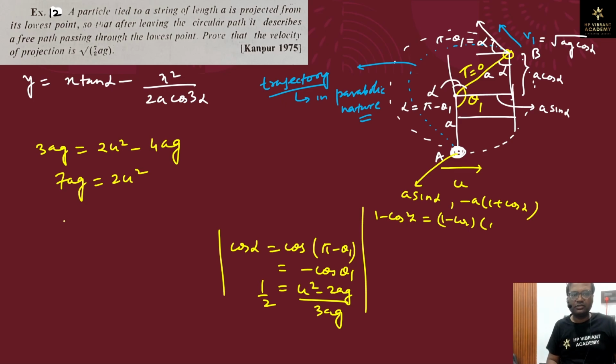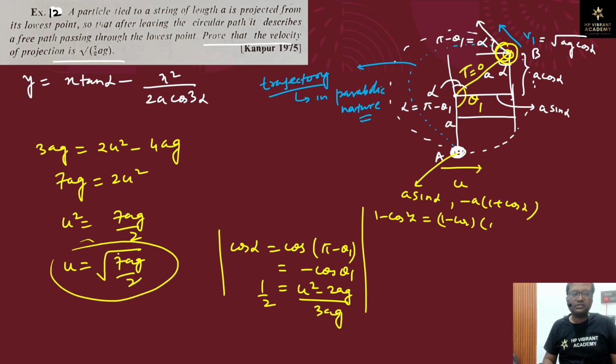This means u square is equal to 7ag upon 2. So u is equal to root under 7ag upon 2. Okay, so the initial velocity is this one. So if the particle is projected with this initial velocity, then it will leave the circular path at an angle of theta 1. After that, it will follow a path that is of parabolic nature, and it will ultimately pass through the lowest point.